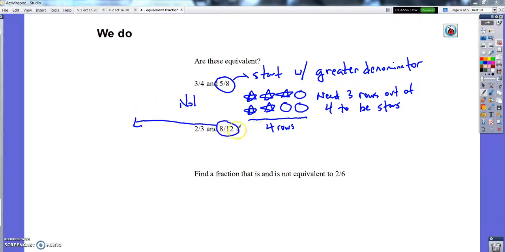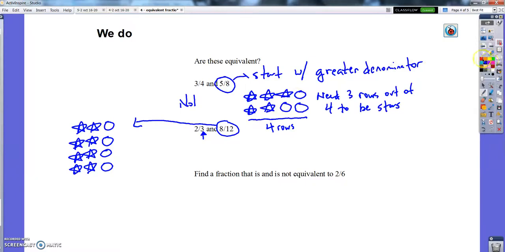So I'm going to make 8/12. I'm going to set them up to look like 2/3. So I'm going to try to set them up in 3 rows and see if I can make 8/12 look like 2/3. So let's do 1, 2, 3, 4, 5, 6, 7, 8 out of 12, 9, 10, 11, 12.